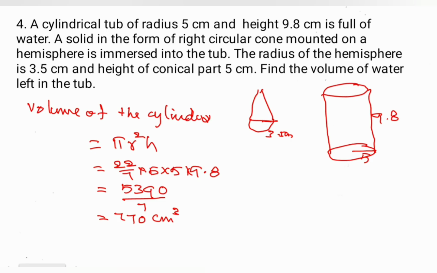And now we need to find the volume of the cone and the volume of the hemisphere.